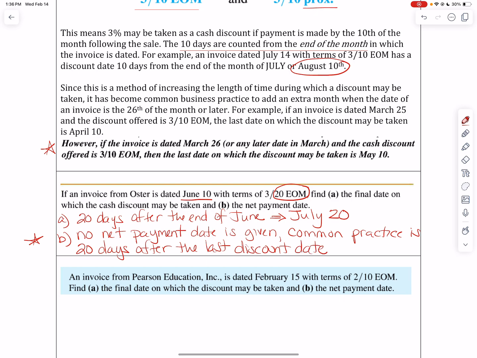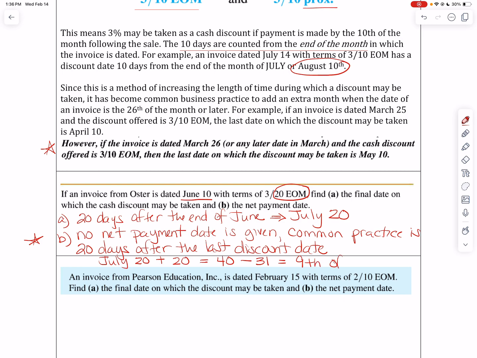So we have 20 days after July 20th. If I take July 20th and add 20 days, that would be July 40th, which we do not have, so we take out the 31 days in July, and that leaves us with 9, and that goes into the next month.